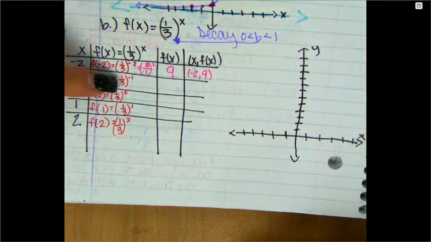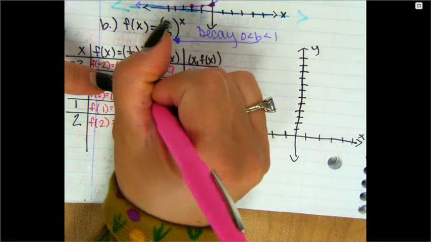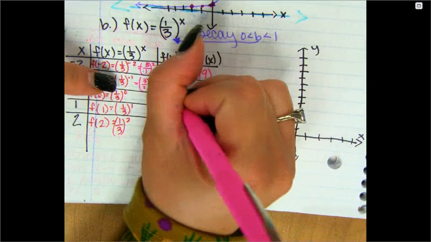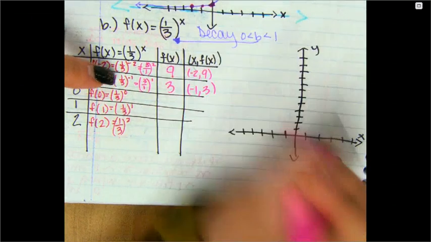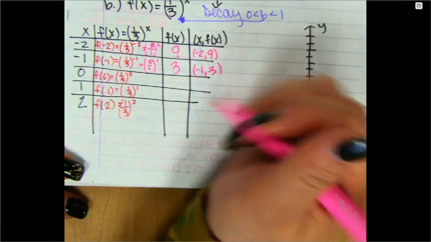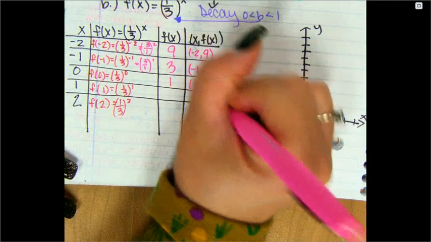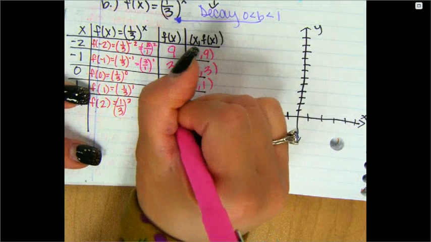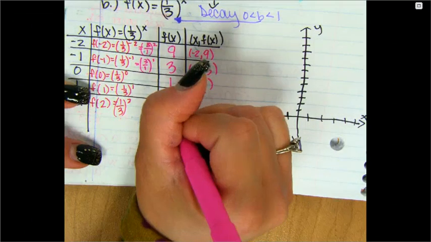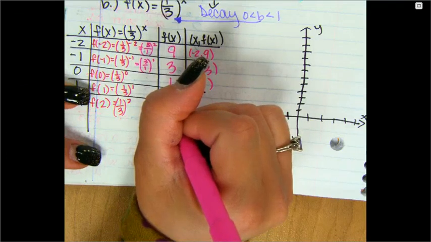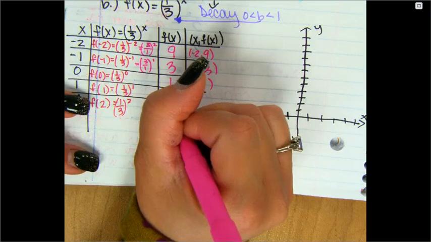If I have 1/3 to the negative 1 power, it becomes 3 over 1 to the first power, which is 3. So negative 1 comma 3. Anything to the 0 power we know is 1, so 0 comma 1. 1/3 to the 1 power is just 1/3, 1 over 3.